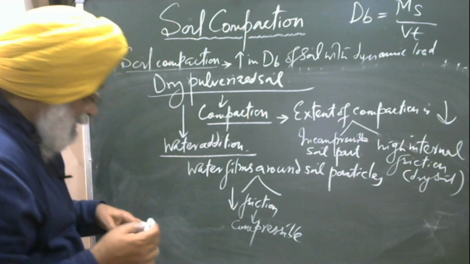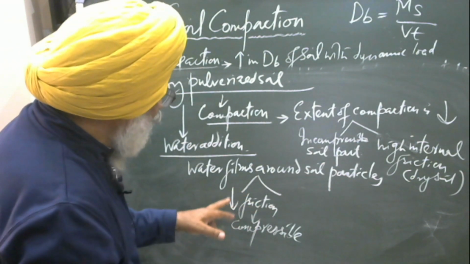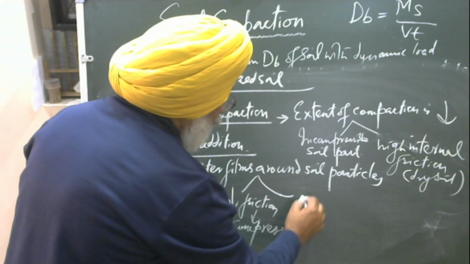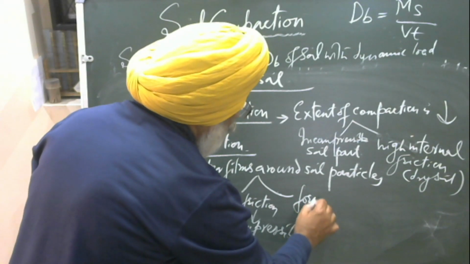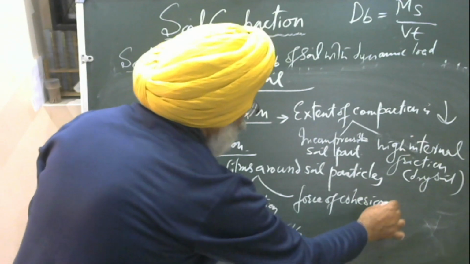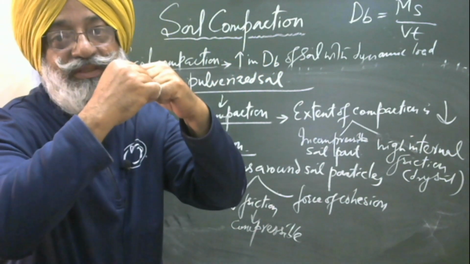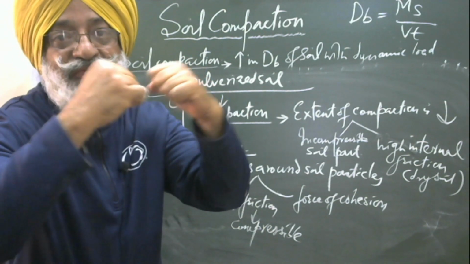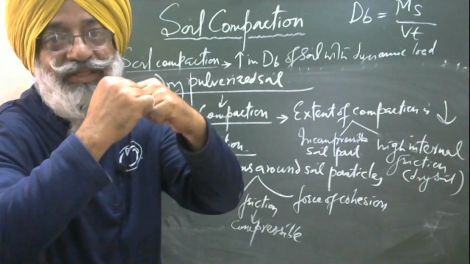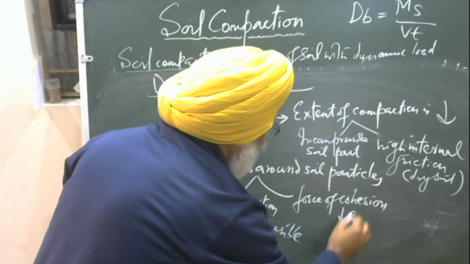And when water films form around the particles, one is there is a decrease in friction. The second thing is the force of cohesion between the particles. Earlier, there was nothing in between the two particles, so the force of cohesion was very high. And when water entered in between the two particles, the force of cohesion decreases.